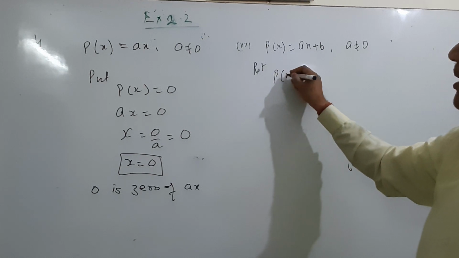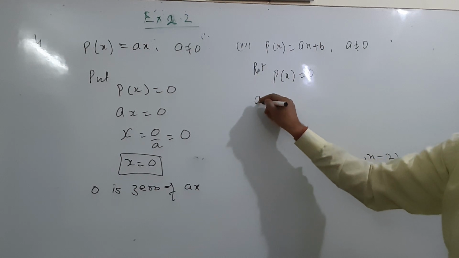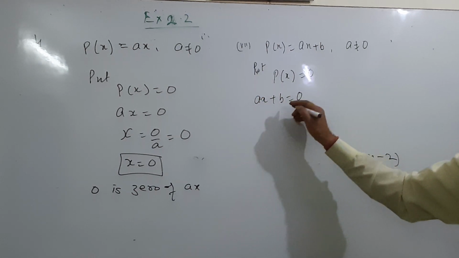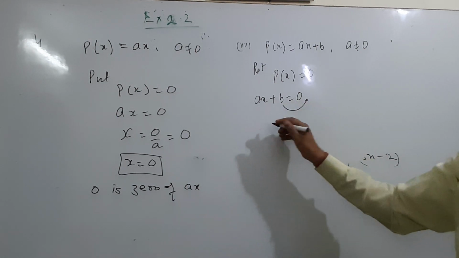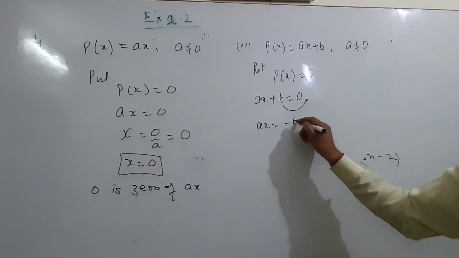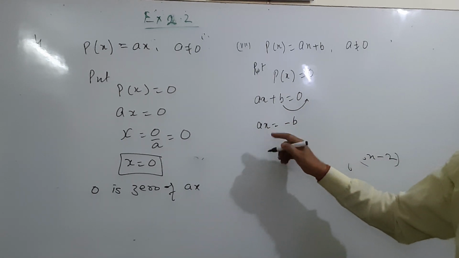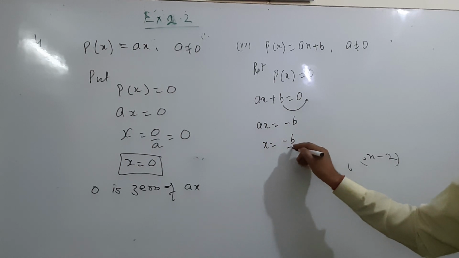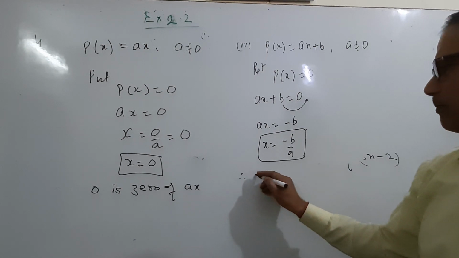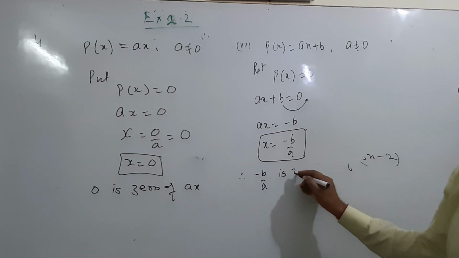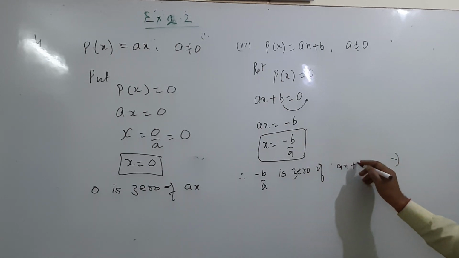Put p(x) equal to 0. ax plus b equal to 0, and this b goes to the right side, the sign will change. ax is equal to minus b, and this a is multiplied to x, then x equal to minus b upon a. I think this question is already done. Therefore minus b upon a is the zero of ax plus b. Is it clear?